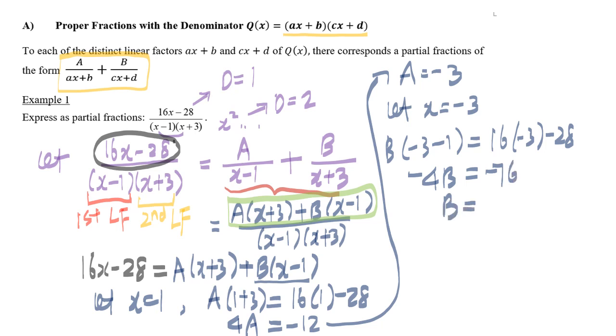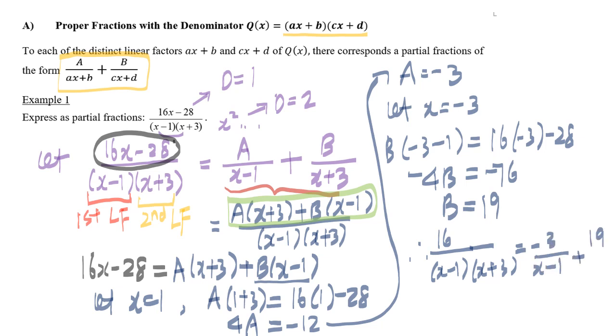So B will be -76 divided by -4, which gives you 19. Therefore your algebraic fraction will be equal to two partial fractions. The first one will be -3 over x minus 1, and the second one will be 19 over x plus 3.